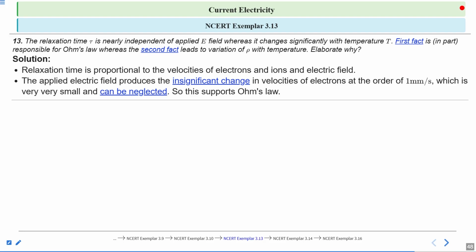In Ohm's law, we took tau to be constant. It does depend on drift velocity, but the change in the drift velocity is very small and can be neglected. So this supports Ohm's law.